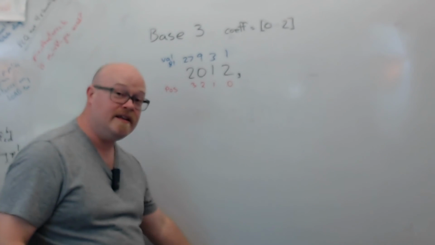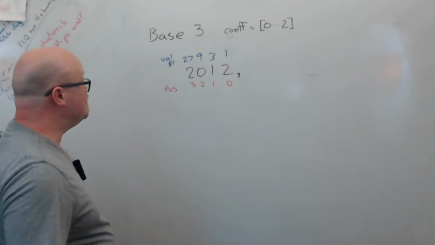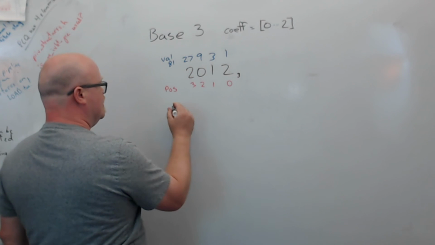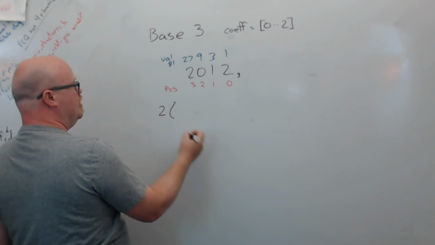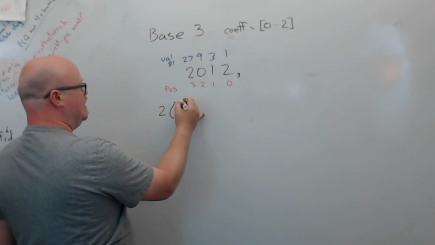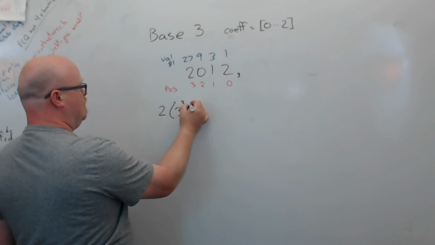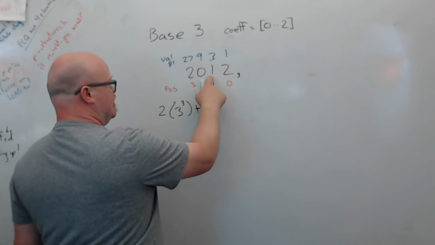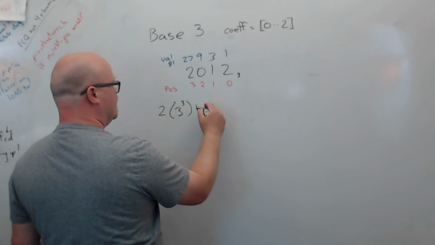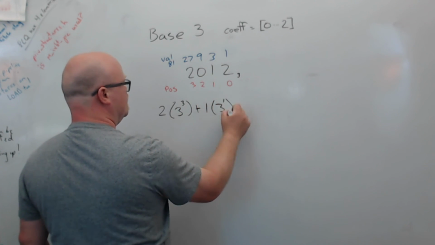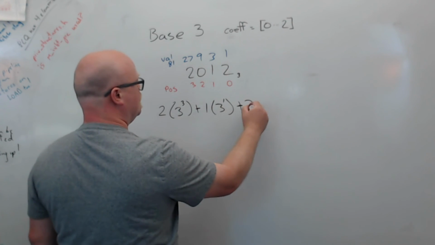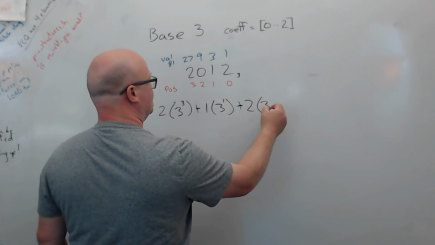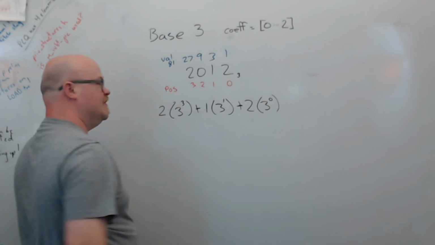We can write it out in its coefficient base exponent form. So this is going to be the coefficient of 2 multiplied by 3 to the third power plus, skipping the 0, this guy right here, a 1 times 3 to the first plus 2 times 3 to the 0.